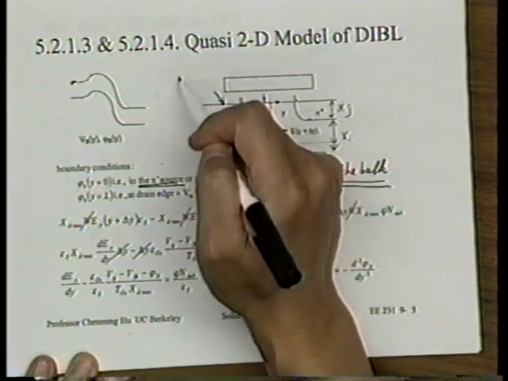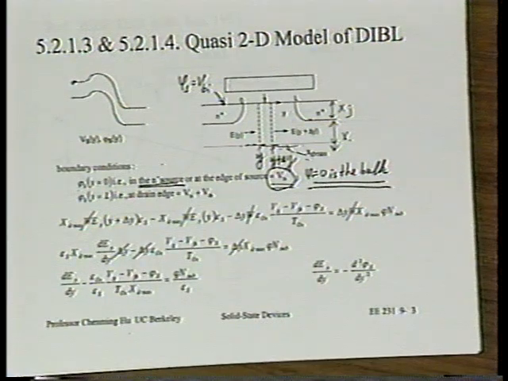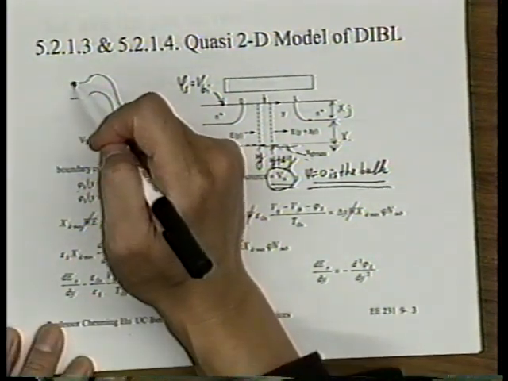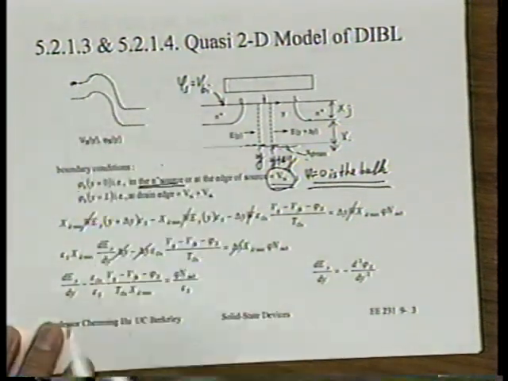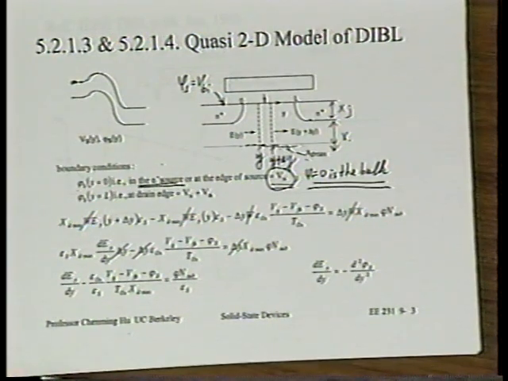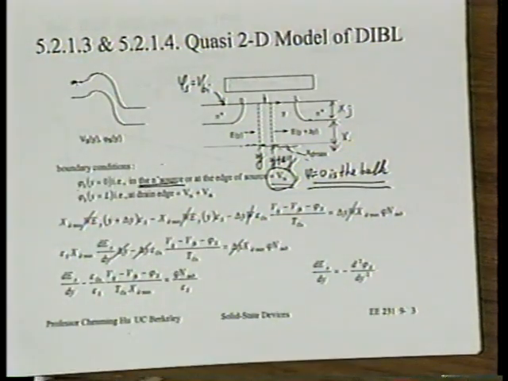And here, phi s is equal to VBI. This is a very clear definition, right? In other words, we're going to find the solution all along this line. You see that? So we'll start right here. Any problem with this reference? Okay. So here's VBI. The reference is the neutral portion of the body.